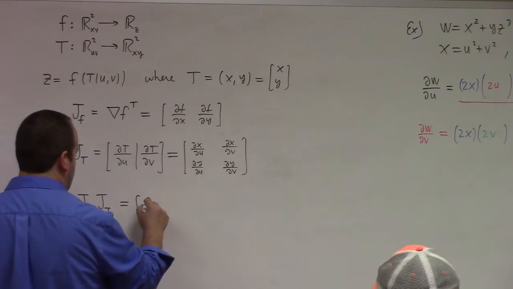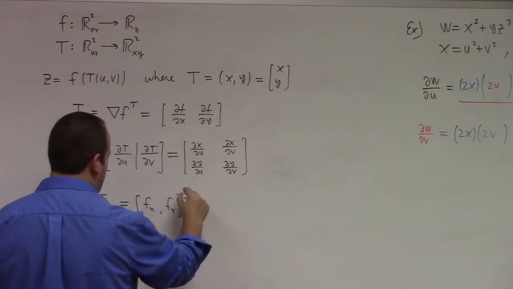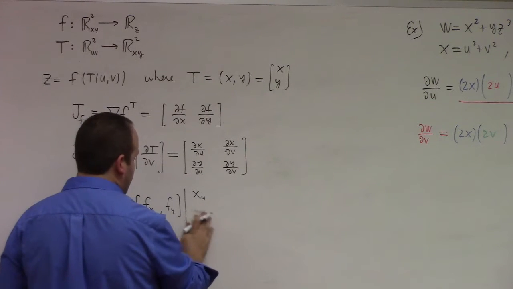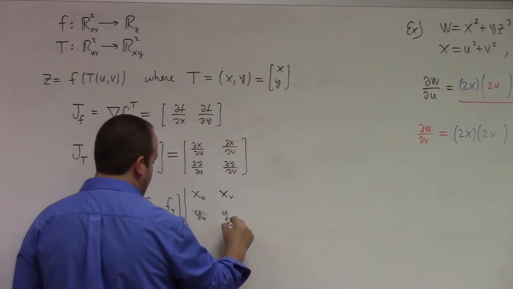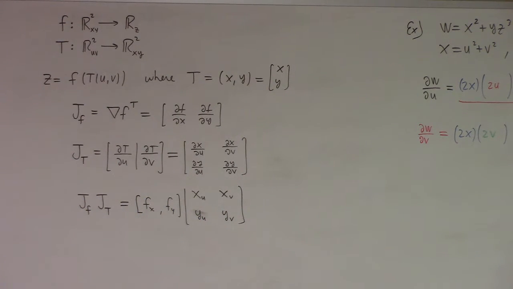If you don't mind, I'm going to use the subnotation fx, fy, and then this matrix can also be denoted x sub u, y sub u, x sub v, y sub v. It's a nice shorthand rather than writing partial, partial, blah, blah. You get it.